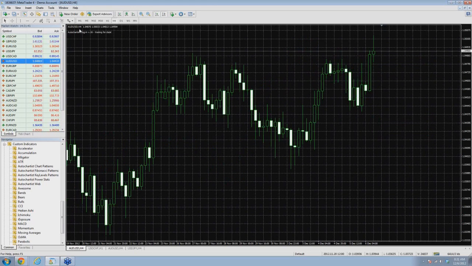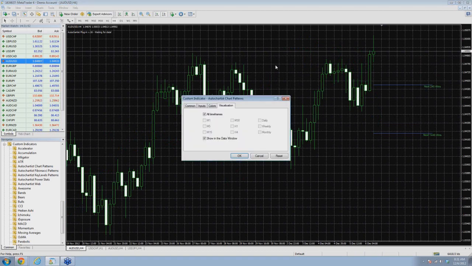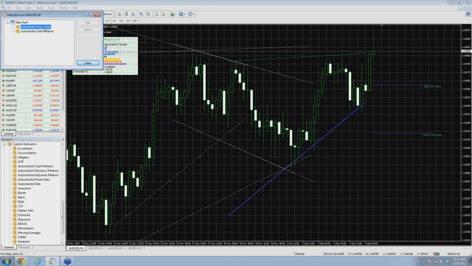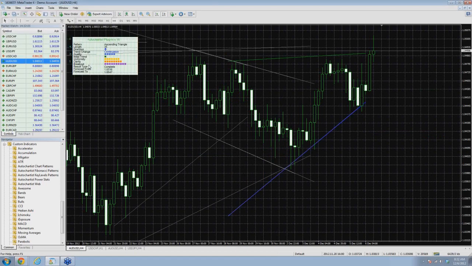You want to look at the chart pattern, and that's going to be dragged in here. I'll drag that in here now. And we're connecting, and it's authenticating. And there you go. There's your breakout, and now you've got live data on that breakout.